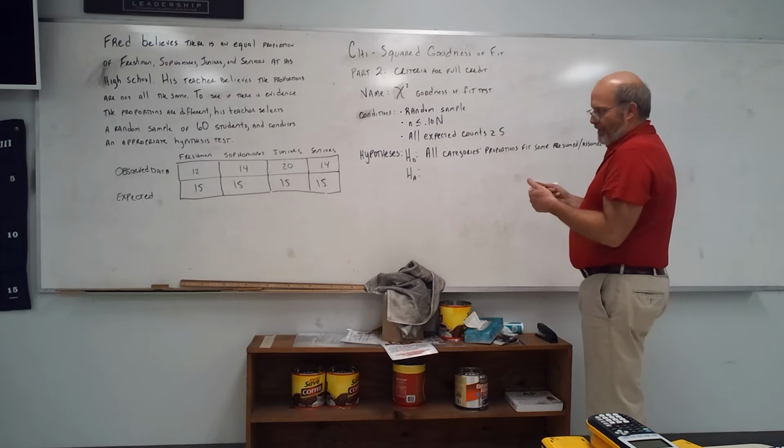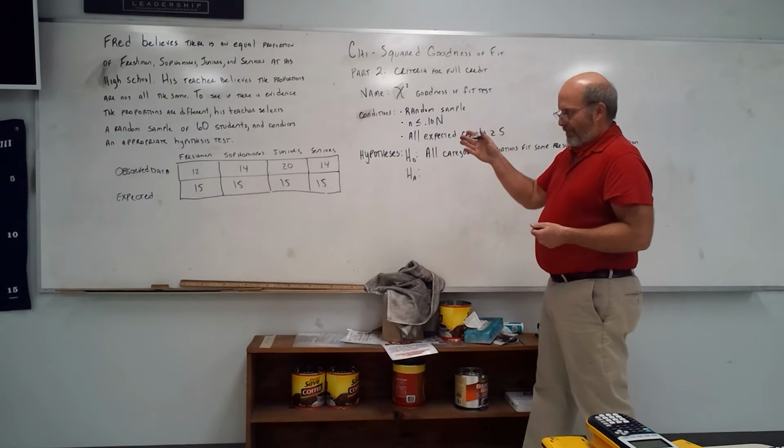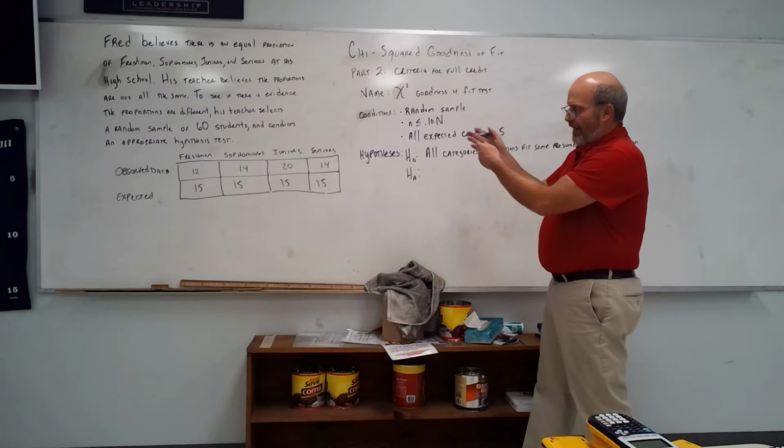If I was writing a null hypothesis for this test, I would say that there is an equal proportion, 25%, of freshmen, sophomores, juniors, and seniors at Fred's High School.